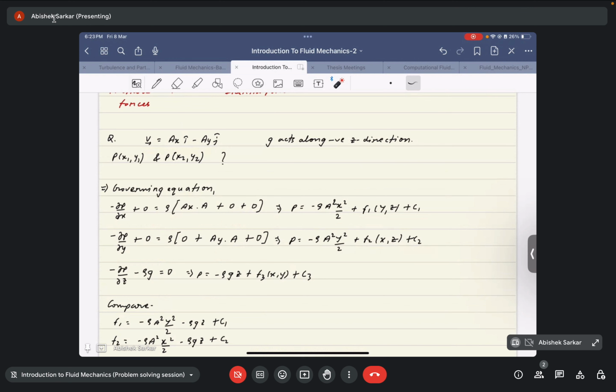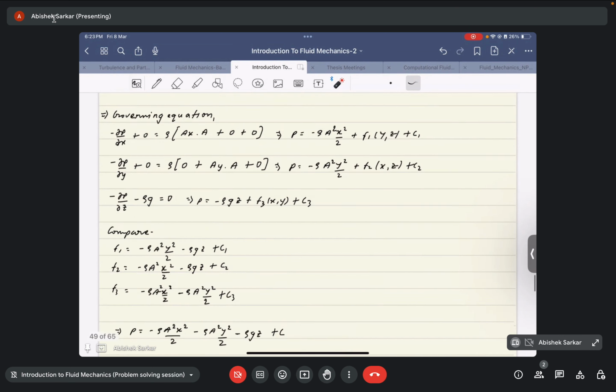Okay, because we are dealing with partial derivatives, integration with respect to y would mean a function could exist which would be a function of x and z, that would be 0 if we take a partial derivative with respect to y. Similarly, this equation would reduce to p is equal to minus rho g z plus some function of x and y plus some constant c3.